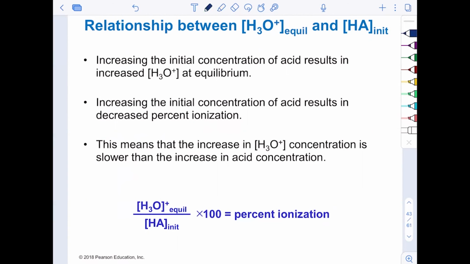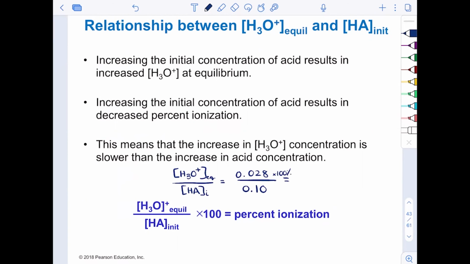Let's just go back and calculate the H3O plus concentration of our previous problem at equilibrium divided by the HA concentration initially. That was 0.028 divided by 0.10 times 100%.